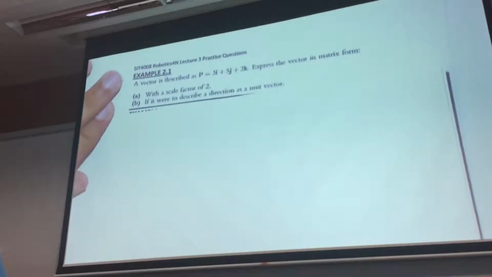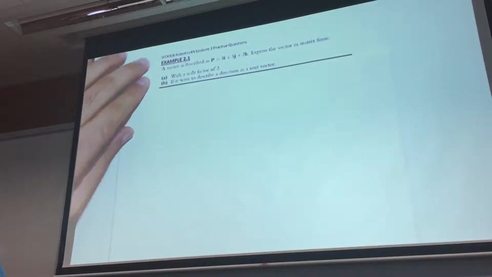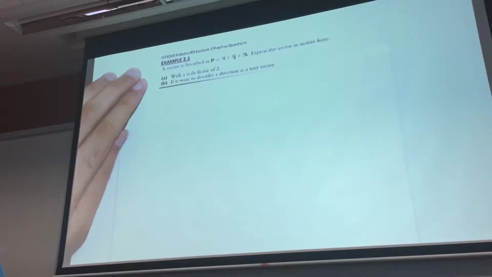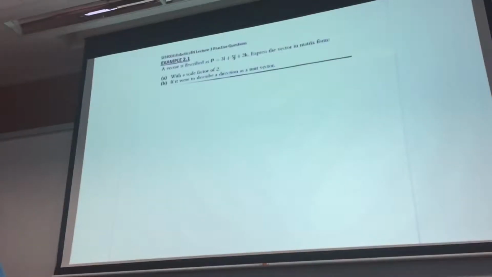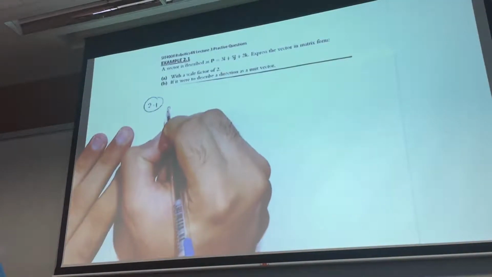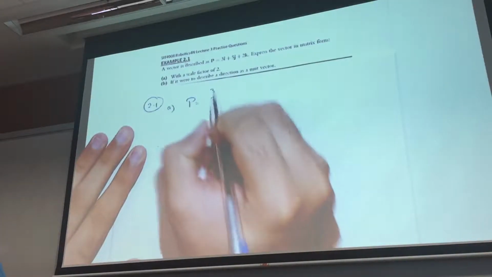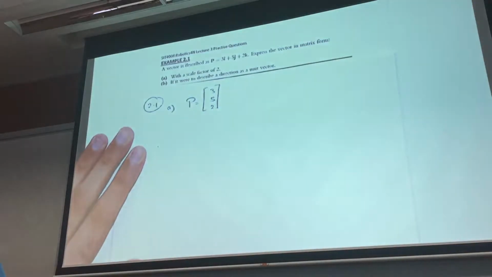Okay, question 1 is quite straightforward. 2.1. They give you a vector P. If I ask you to do a scaling of this vector, what does it mean? What would you do? Times 2, straightforward. So let's say 2.1 A. Now you are given P, which you can put in column vector format.